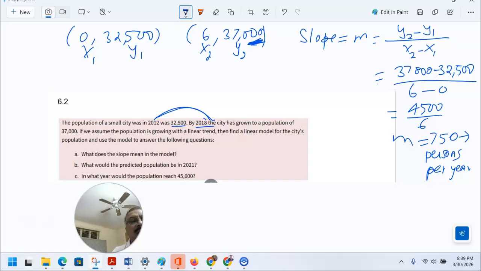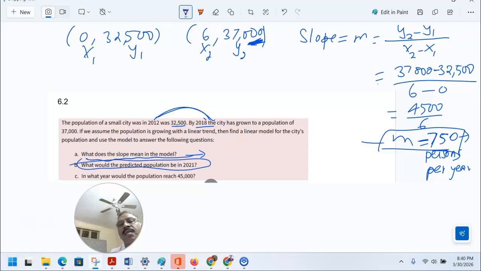That's the understanding. So what does the slope mean to you? It means each year the population grows by 750. That's it. So every year the population increases by 750. That's the problem. Second question, what is the prediction equation? Now that we got this, the formula is y equals mx plus b, right? And remember, the zero tells us this is the b part.